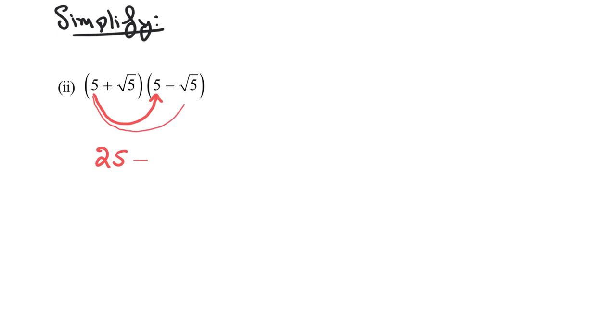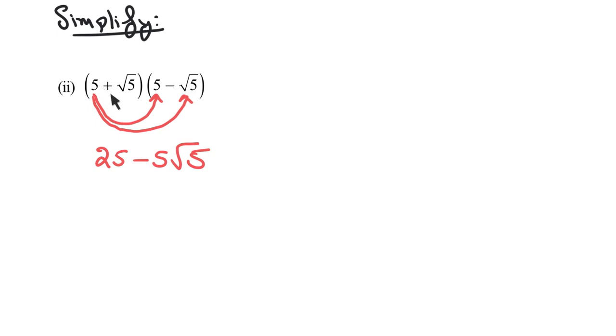5 times root 5 is 5 root 5. So we took the 5 and we multiplied with every single term in the second bracket. So we are done with 5. Now we are moving to root 5. Now look at the sign again.